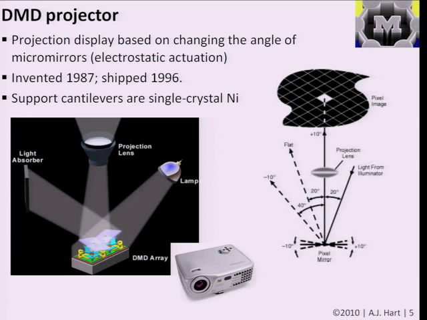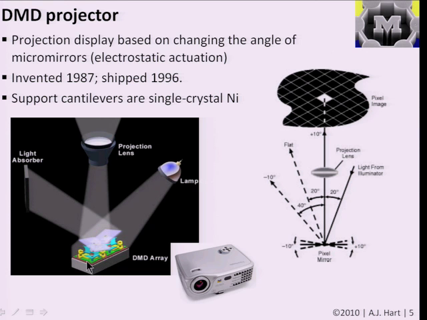Another example I wanted to show you is one of my favorites in terms of a real application of how material properties change at the nanoscale, and it actually involves the projectors called DMDs, or digital mirror displays, that are now widely used in TVs and in projectors like this one. What you have in a DMD projector is a small MEMS device that contains an array of microfabricated mirrors.